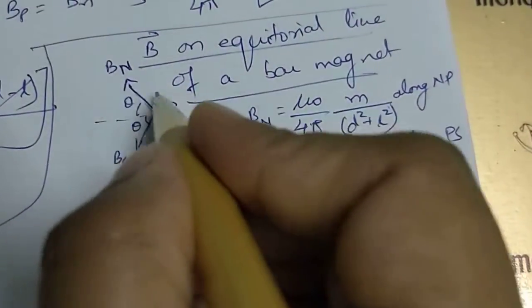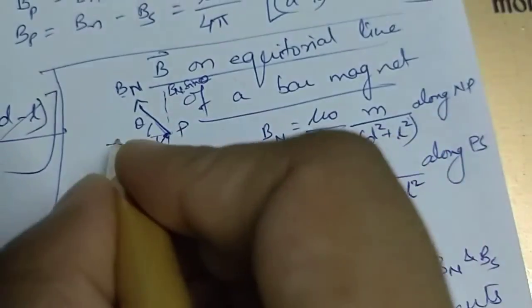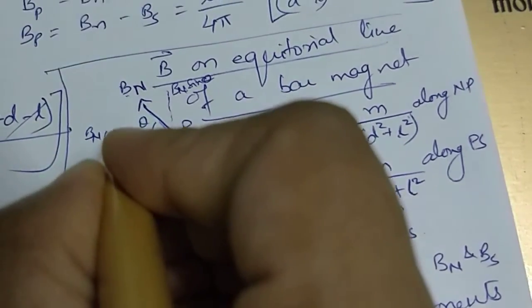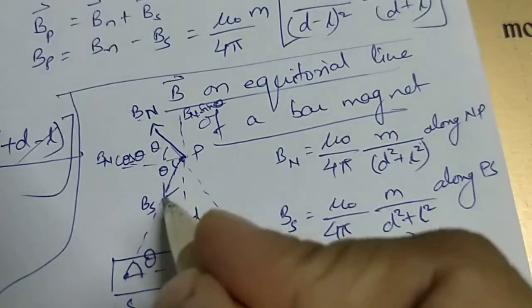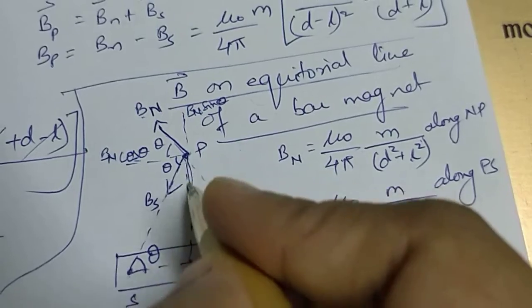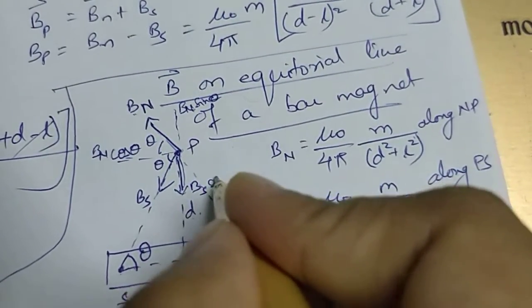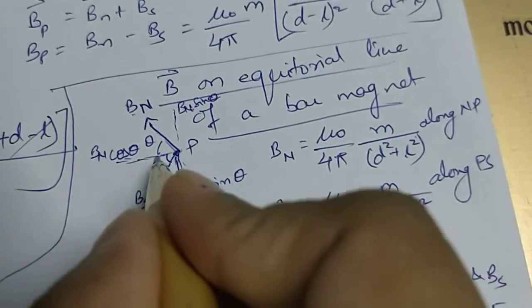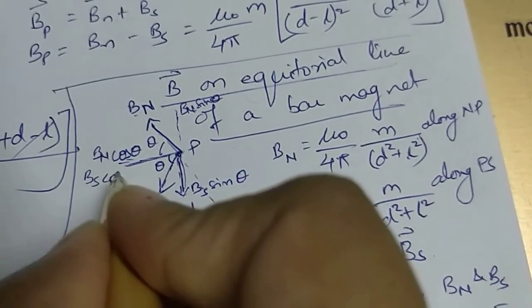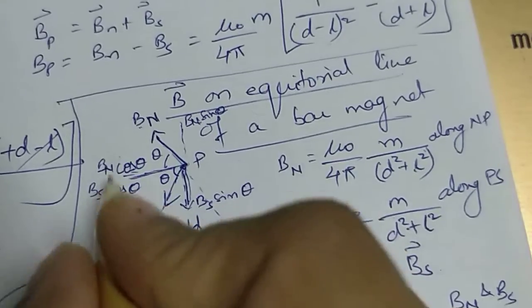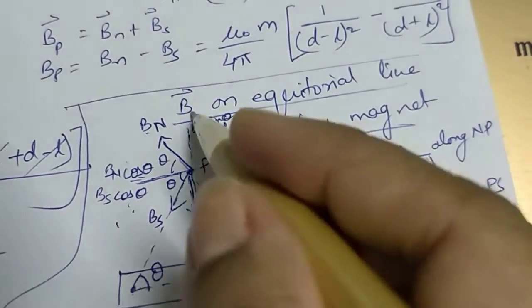One component along the equatorial line will be Bn sin theta, and along the axis it will be Bn cos theta. In the same way, for the south pole, along the equatorial line the component will be in the downward direction, Bs sin theta, and along the axis it will be Bs cos theta. Now these two cos components are in the same direction, so they will be added, but the sin components are in opposite directions, so they will be subtracted.